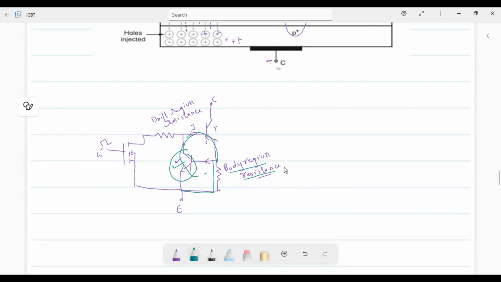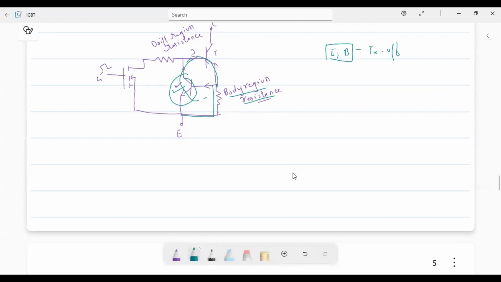That is, emitter and base of this transistor will be shorted. If emitter and base of a transistor is shorted, the transistor will be in off condition. It will not be on. So we can remove this transistor and the final equivalent circuit we can draw with one MOSFET and one PNP transistor.